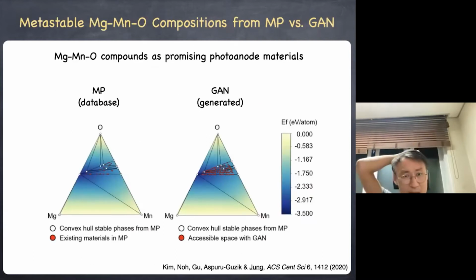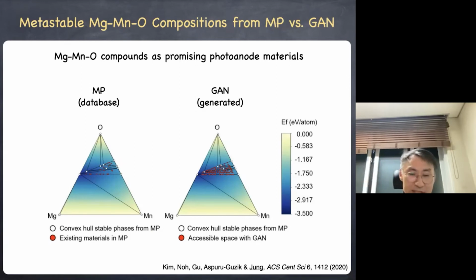And we then extended this model and explored the ternary compound space instead of binary. And in this case, we also used a GAN, to be precise, a WGAN, instead of a variational autoencoder.